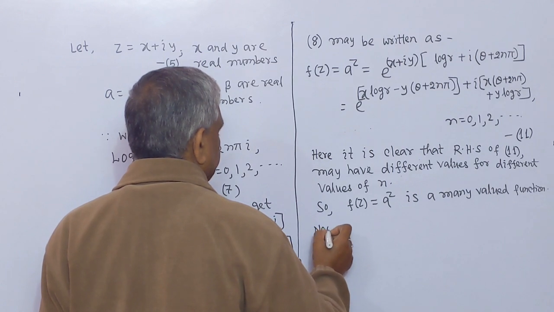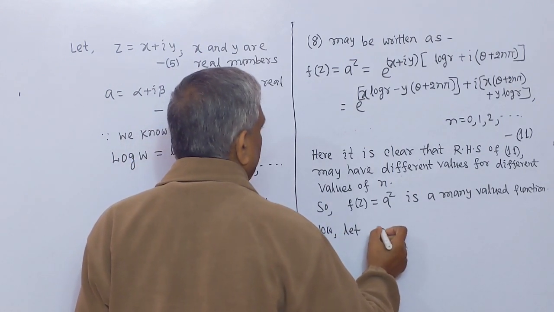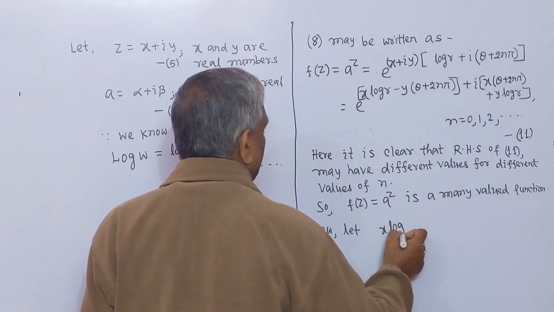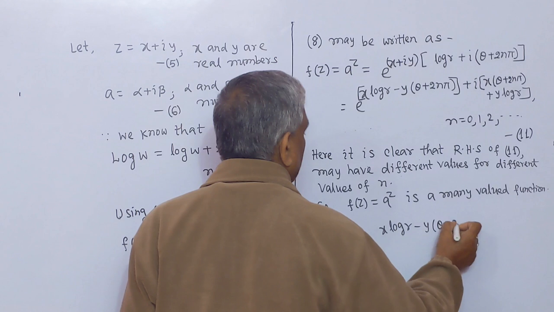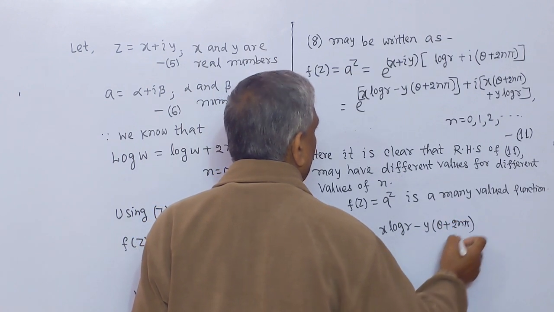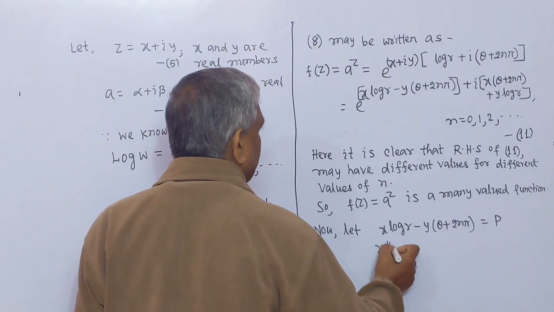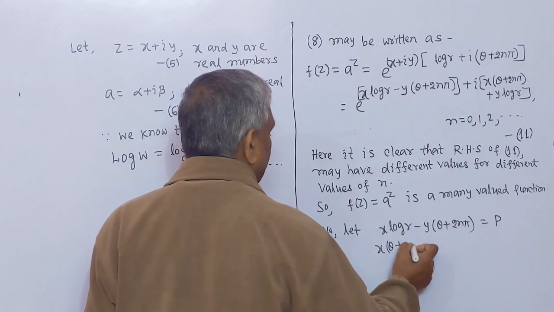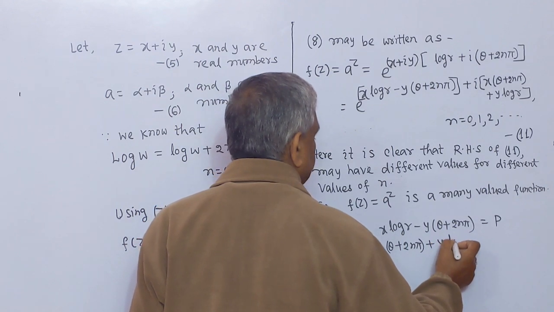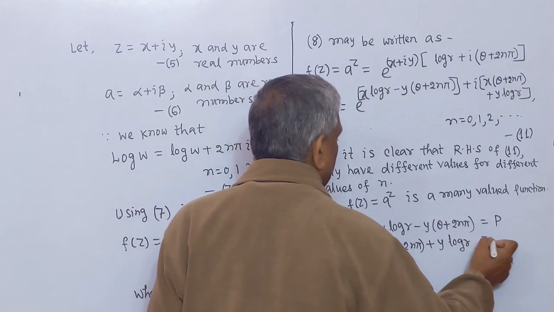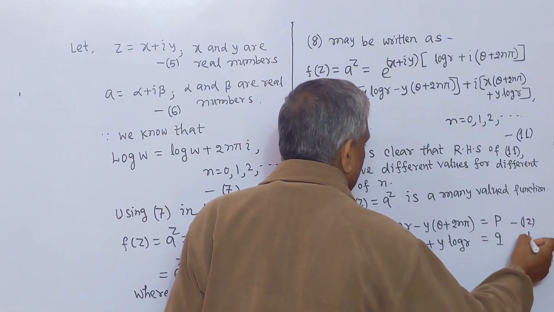Now let x log r minus y(theta + 2n pi) equal p, and x(theta + 2n pi) plus y log r equal q. Let this be 12, this is 13.